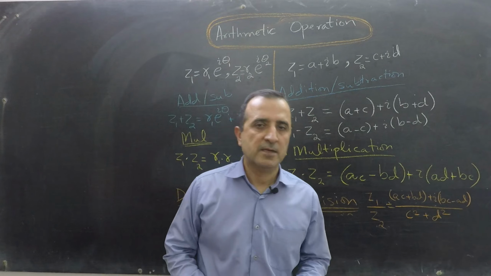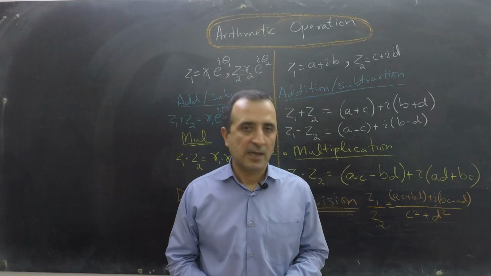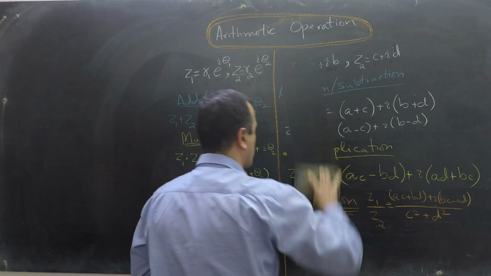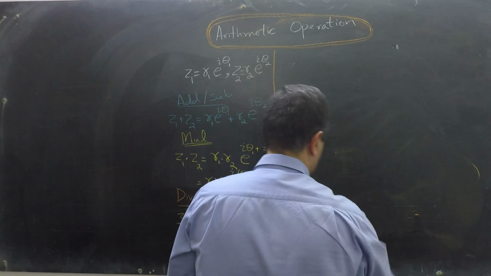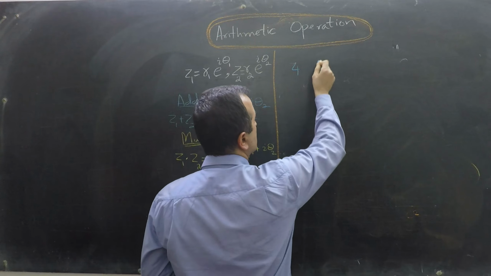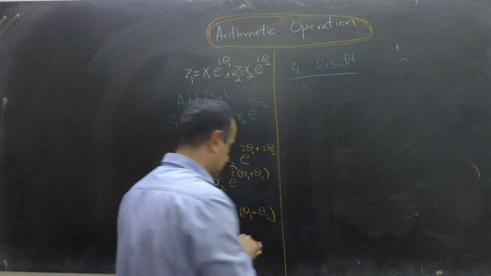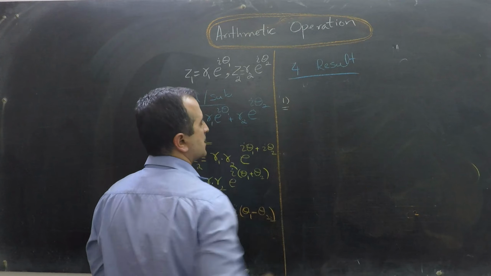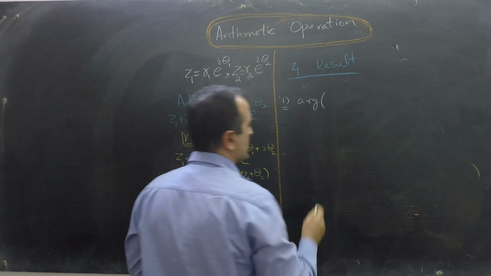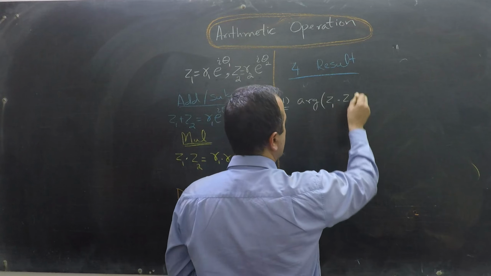Similarly, there are many other very interesting results in case of exponential form of complex numbers. Let's quickly write those results also. So there are 4 very interesting results. Let's list them. Number 1, if I say argument of z1 times z2, we have defined what argument means.